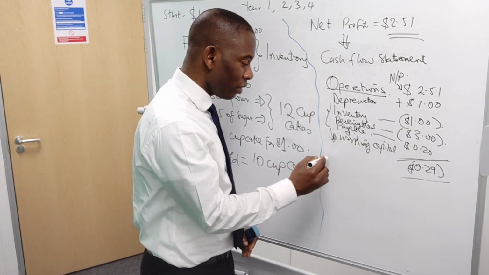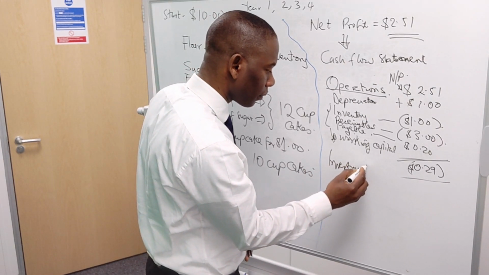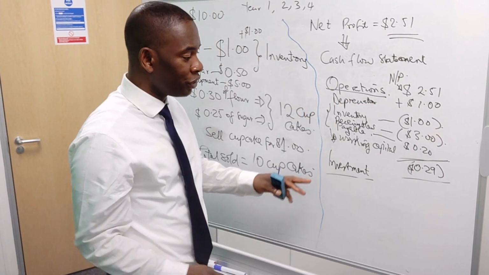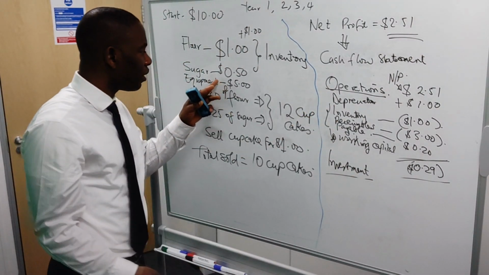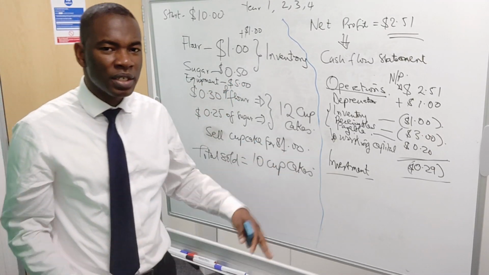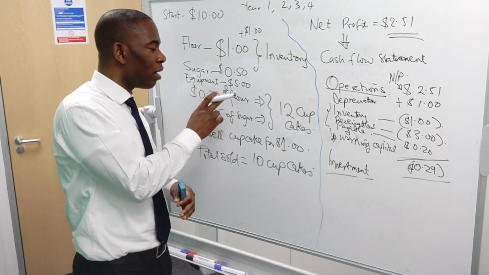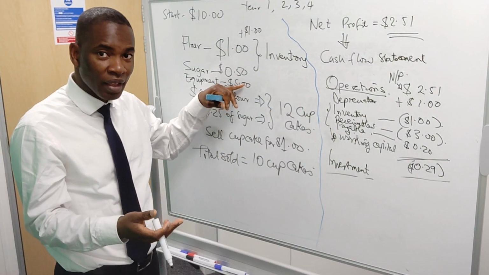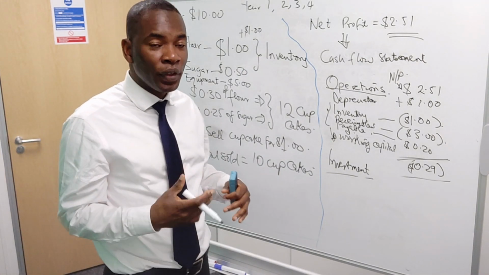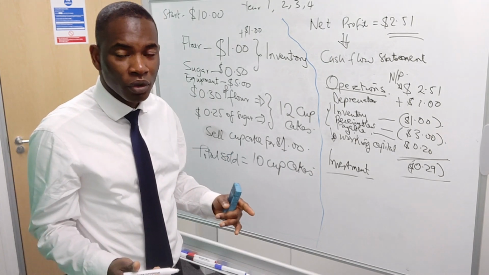Remember, you are going to invest. Investment. So, you have finished operation, you're going to invest. Remember, you depreciated $1 from your equipment. This, you're going to need to find a way to either replace or repair, or if you feel like you want to grow, you need to invest more.